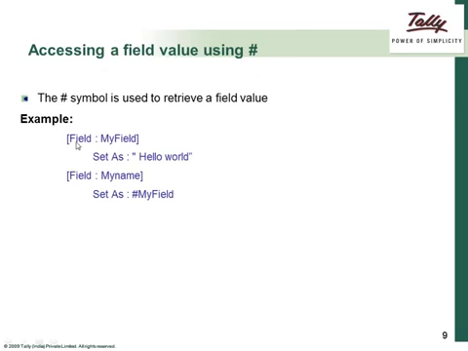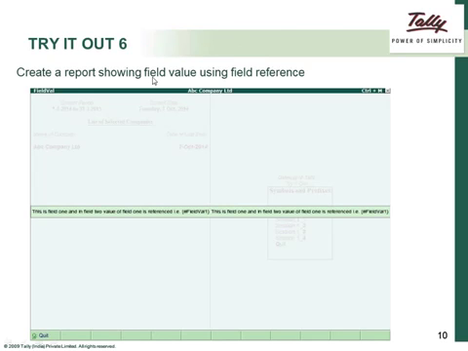So this is how you can write a field name to get the field value. When I write hash my field, my name will also display hello world. So that's how it will make the difference. So you can create a report writing this field reference value.